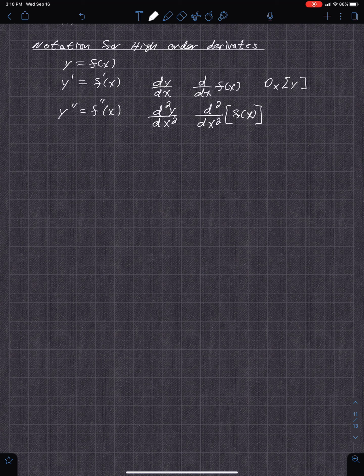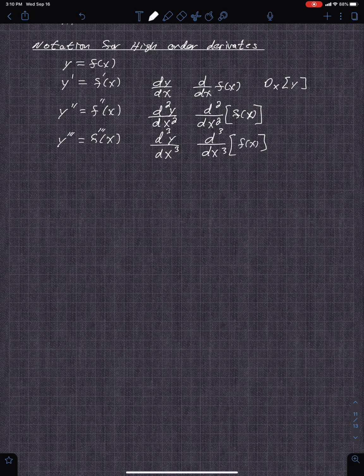And then you keep going. You could say y triple prime is f triple prime. That's as far as you usually go. You don't usually go 4. And so that would be d cubed y over dx cubed. And then you can write d cubed over dx cubed of f of x.